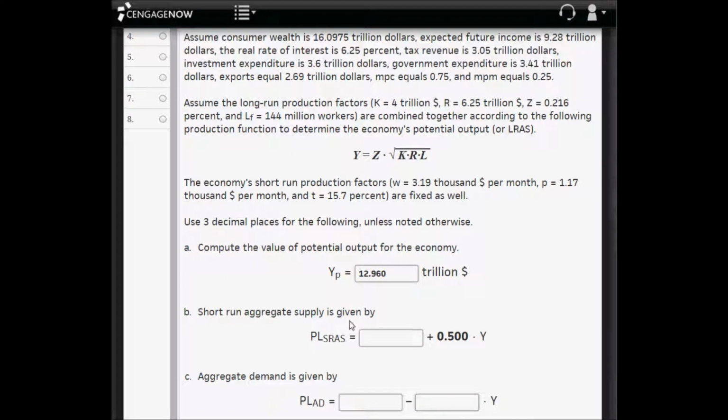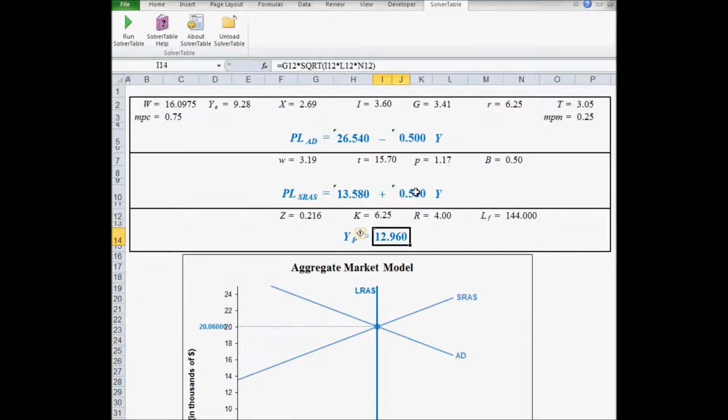The short-run aggregate supply curve is given by the following equation. The slope is 0.500. We've already copied that into the spreadsheet right here. The intercept of the short-run aggregate supply curve is 13.580.